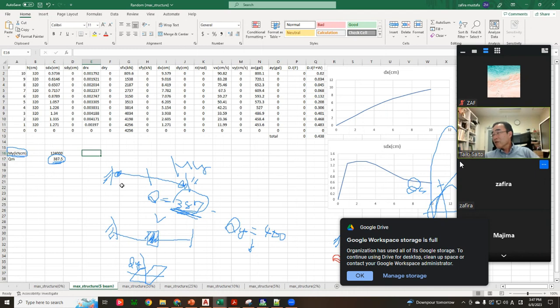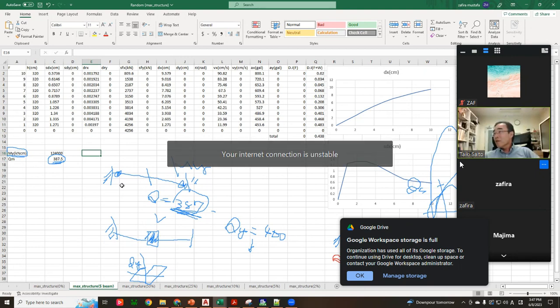So hysteresis will be something like this. But from your stereo result, I don't know why, it is increasing very much. I don't know why it's so huge a value here.